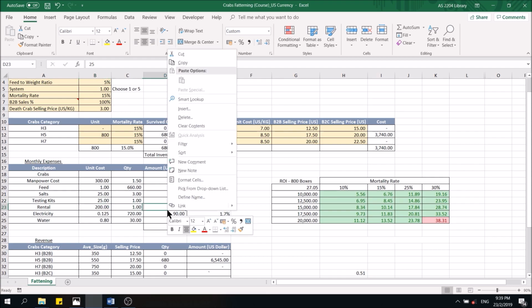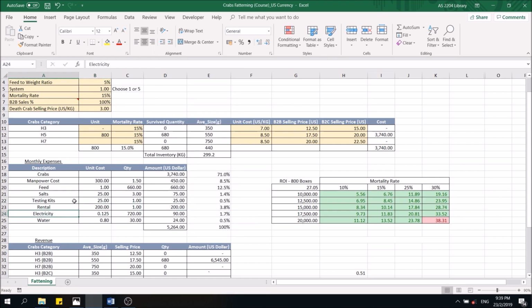Basically, this is the cost per kilowatt hour, and this is the electricity consumption per month. Next, we have the water costs. In Southeast Asia, the water cost is typically around $1 per liter. So here you have all the costs per cycle, and add up, this is the total cost per cycle.